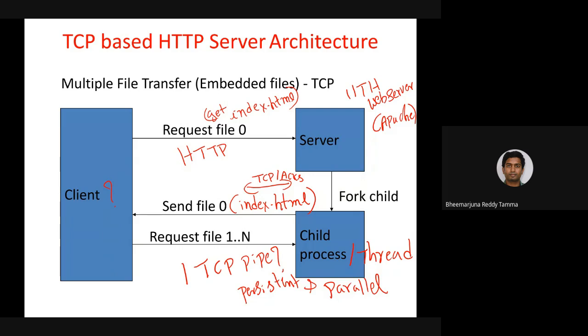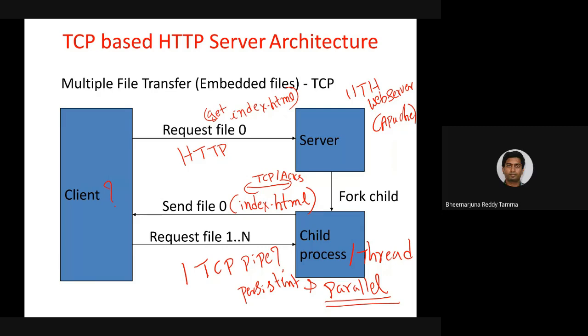The reason why we want to make the connection persistent is, why do we make these connections persistent? To save the time for connection establishment. Basically, TCP has a three-way handshake. You want to get rid of the time incurred in those round trip times, right? And the reason why you want parallel TCP is to get the data as quickly as possible.